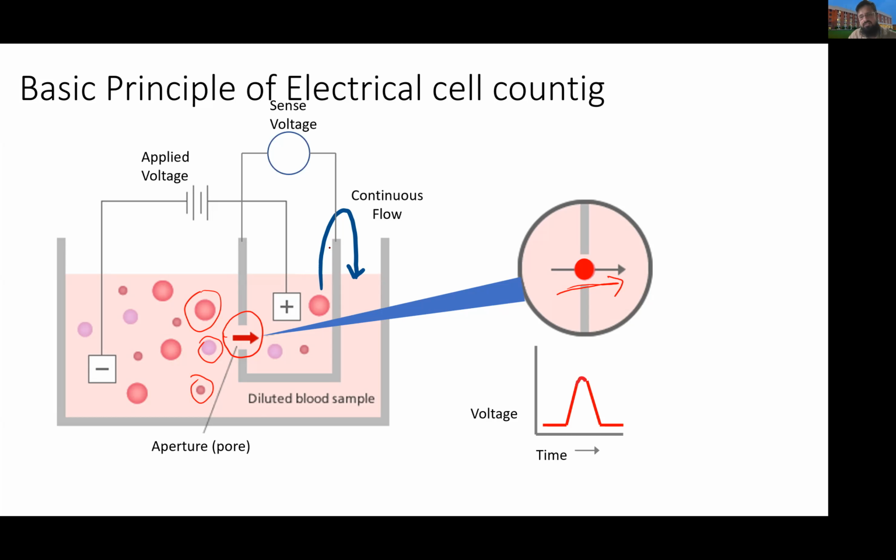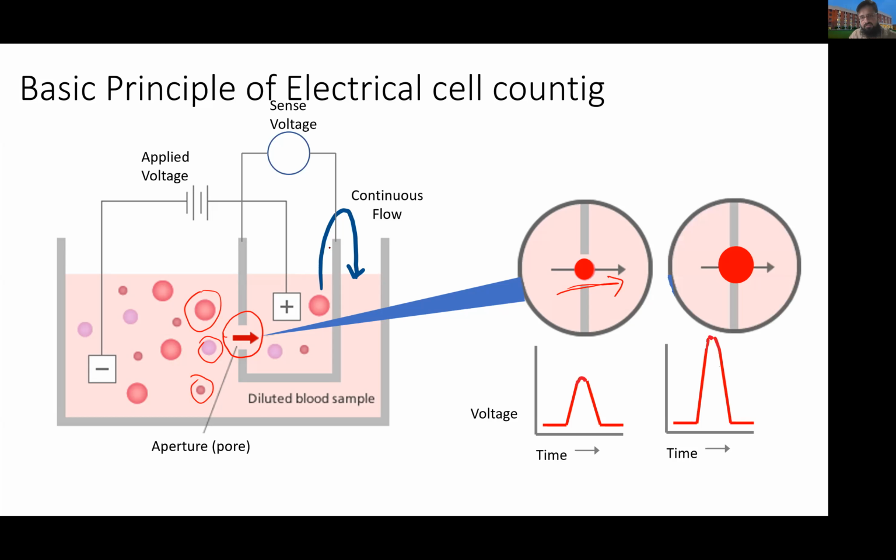What you expect is that as a cell crosses the aperture in between the two electrodes, there will be some voltage change during that time interval. If the size of the cell is bigger, then the voltage pulse will also be bigger. So that's the basic principle of how cell information is converted into electrical information or a signal. We will talk more about this in the coming slides.